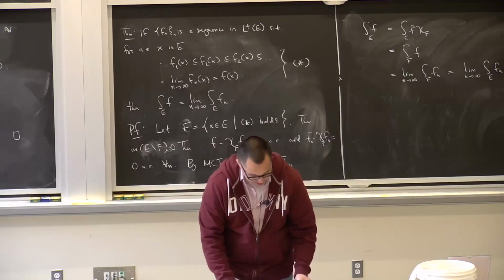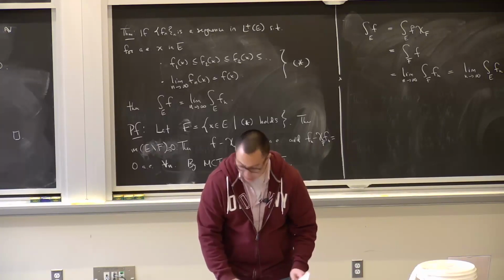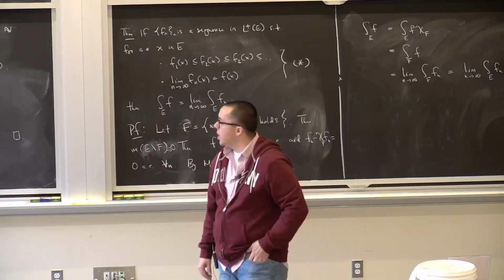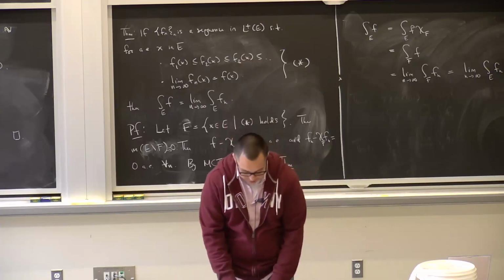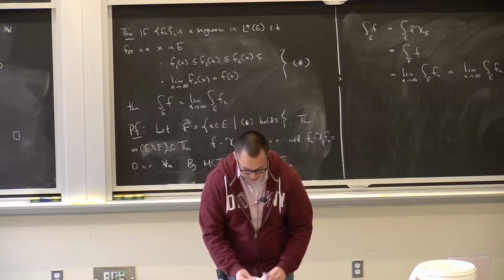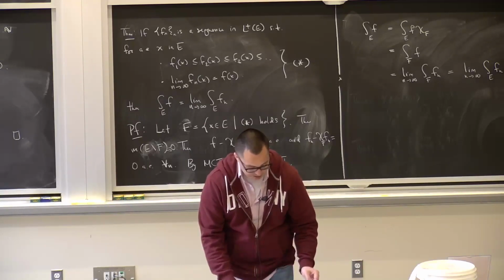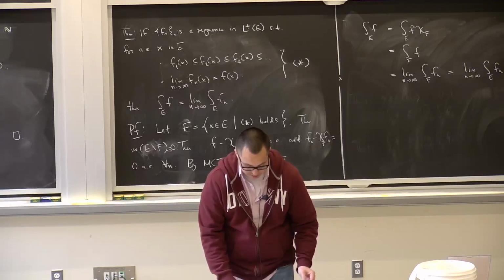Prove some simple properties of the Lebesgue integral. The last, and also the last big convergence theorem, which is the dominated convergence theorem. And we may or may not finish by the end of next lecture the proof that LP spaces, which are based on the Lebesgue integral.